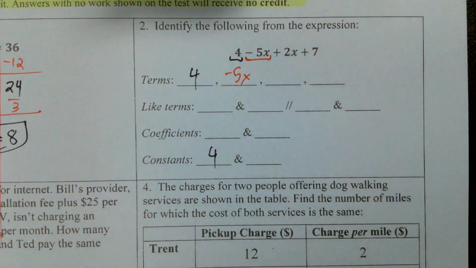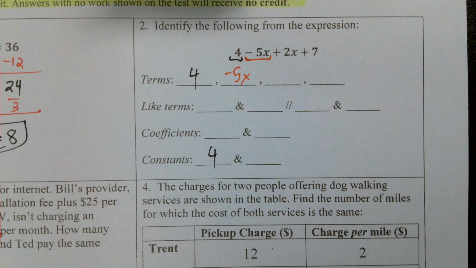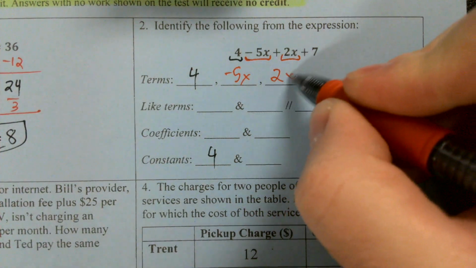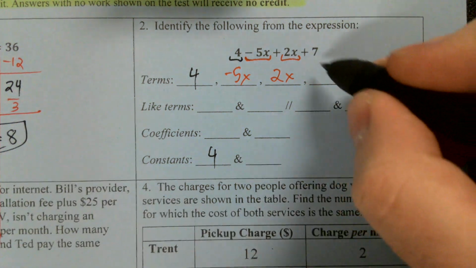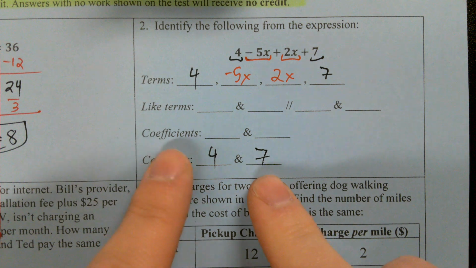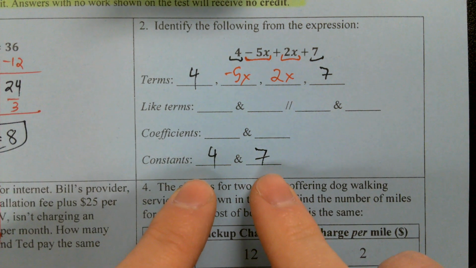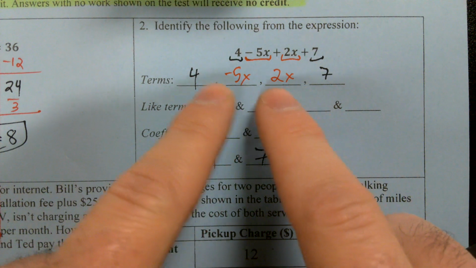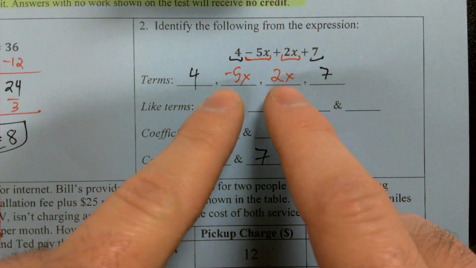That's going to be a variable term. My third term, 2x, another variable term, and my fourth term, 7, which is again a constant. So numbers that are all by themselves are constants. Variable terms have a number in front of x.